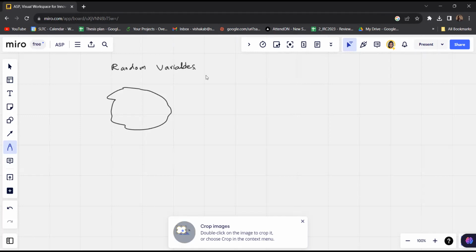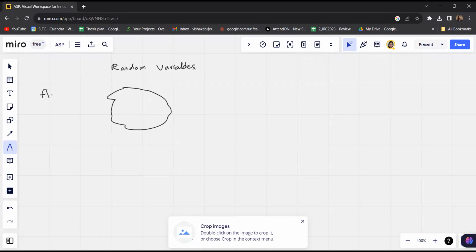So, for example, we discussed random experiments such as flipping a coin. Flipping a coin can be considered a random experiment, a random activity that we are doing. We don't know exactly the outcome of that experiment, right? Once we do the experiment, we can understand the outcome.